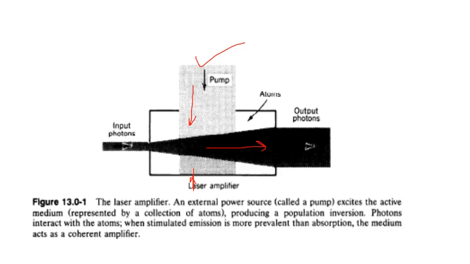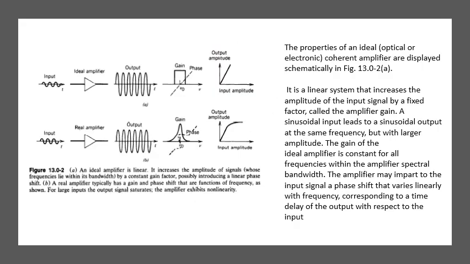The properties of an ideal coherent amplifier, opto-electronic, are displayed here. In a linear system, it increases the amplitude of the input signal by a fixed factor called amplifier gain. A sinusoidal input leads to sinusoidal output at the same frequency but larger amplitude.